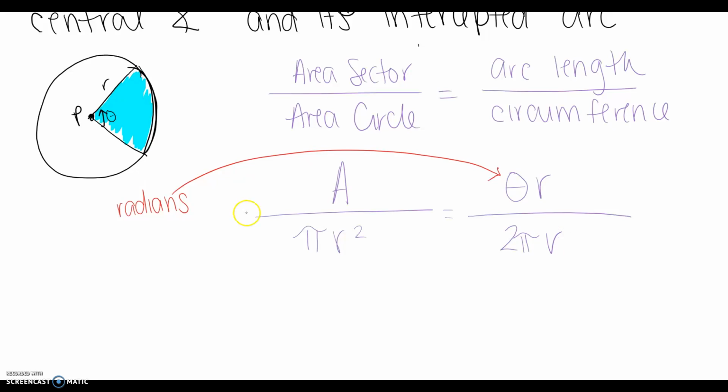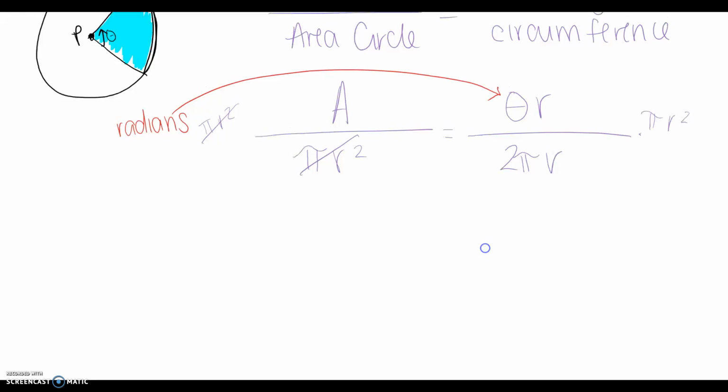And then we can multiply both sides by pi r squared to get it out of the denominator. And so these will cancel and we'll be left with r, and then the pi's will cancel. So area is equal to theta times r squared over 2.